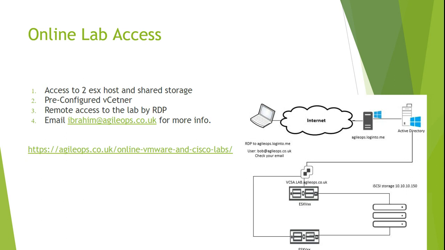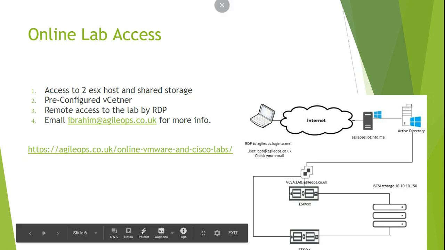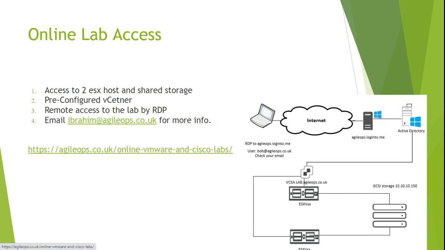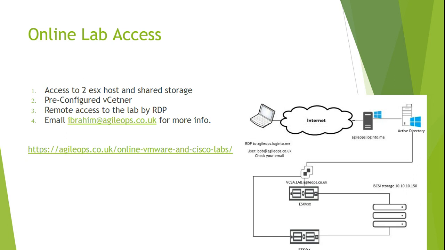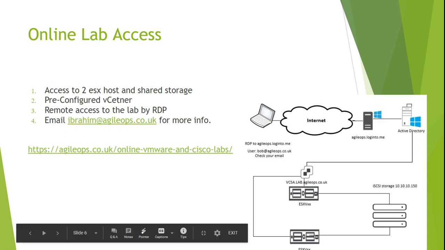But over here what I have done is I have created these labs for you. If you are interested, you can send me an email and let me know that you want to access this lab. There's more information on these labs on my website, and this is how it will be, like how I logged into the RDP server just now, and then connected to the vCenter, which is vcsa.lab.agileops.co.uk, and I got access to 2 hosts with storage, and I basically started doing my work.